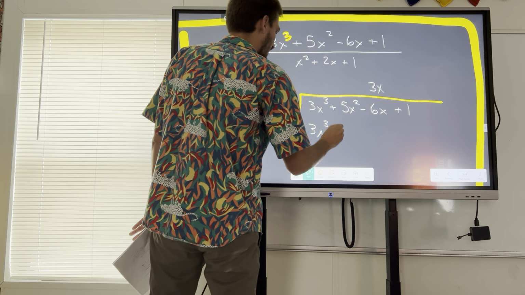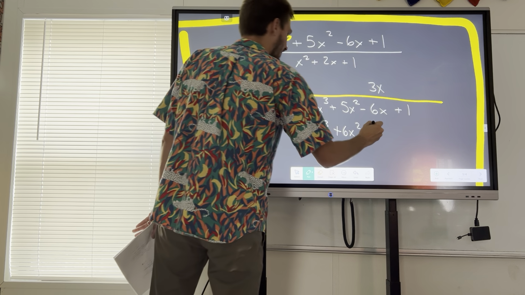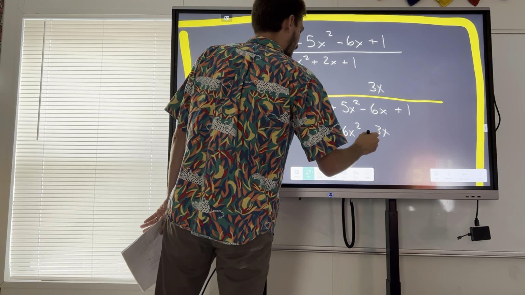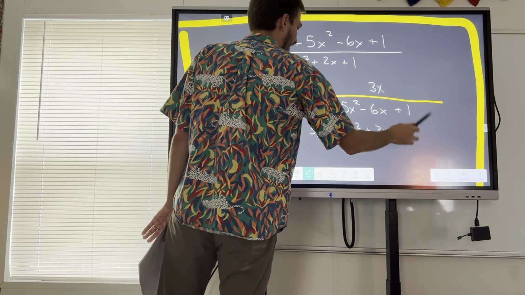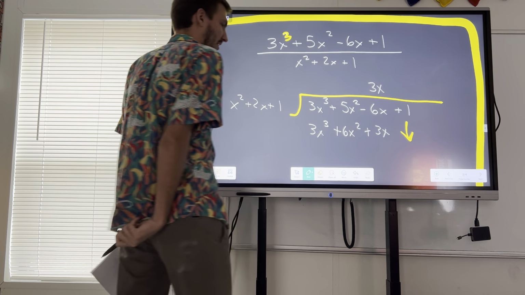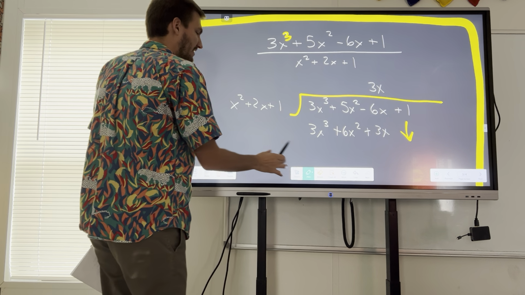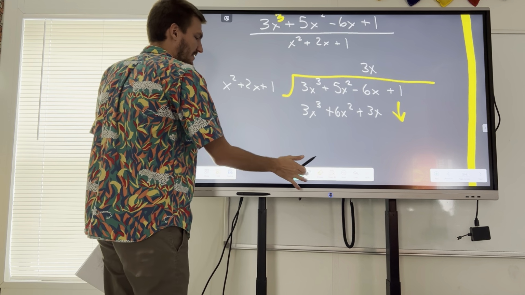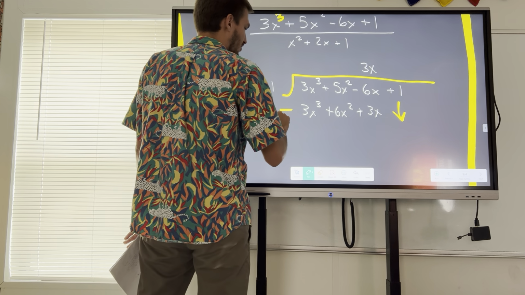Let's keep going. 6x squared. Let's go one more time. 3x. Now this column is just empty for now, so just ignore that column. We didn't get that far, it's fine. And we're going to be subtracting these things to get rid of them and move on.